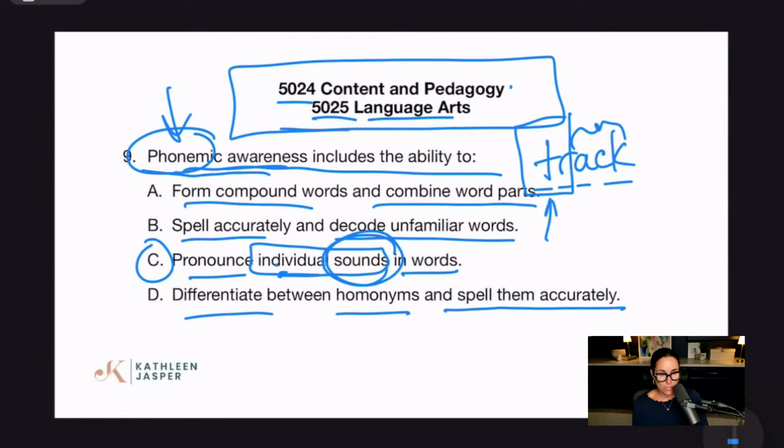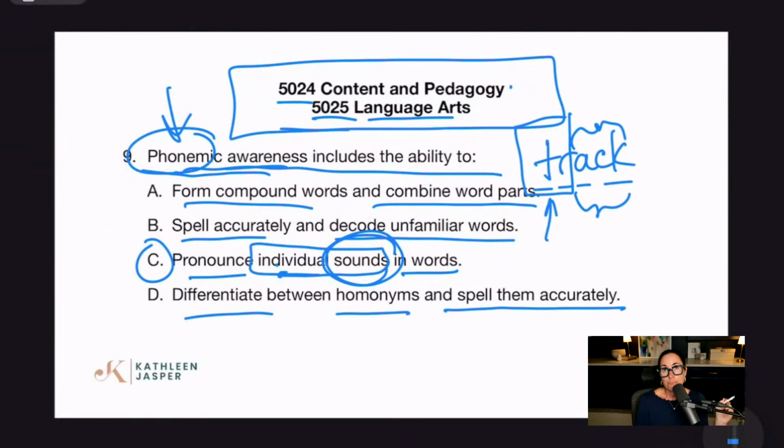Onset is the first consonant sound or consonant cluster sound, tr, and the rhyme is the vowel, closing vowel and consonant sound, ak. Notice I'm writing the word for you right now because I'm trying to explain what onset and rhyme is. But if you were doing this in the classroom, you would not be using an actual word. You'd be doing it just by sounds.